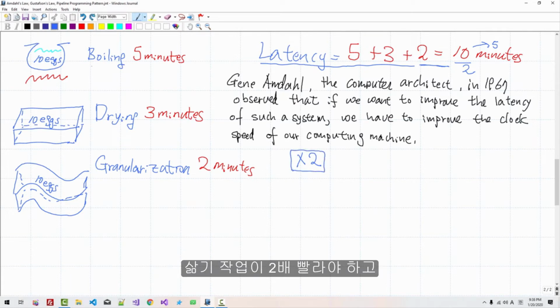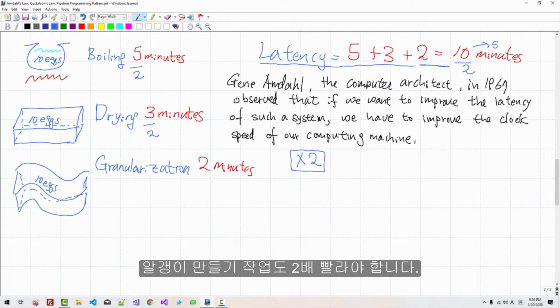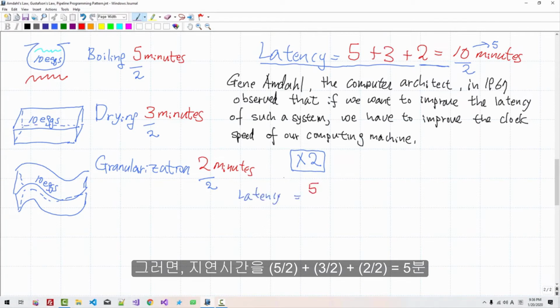So we have to make the boiling process twice faster, the drying process twice faster, granularization twice faster. Then we can improve latency: 5/2 plus 3/2 plus 2/2 equals 5 minutes.